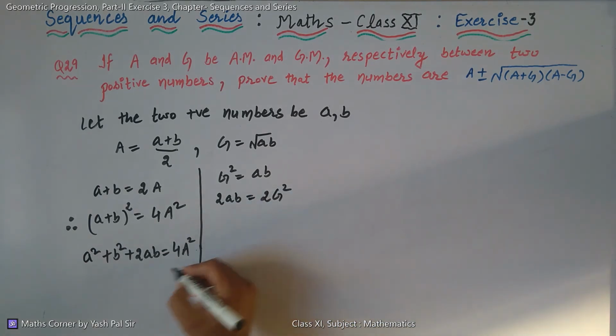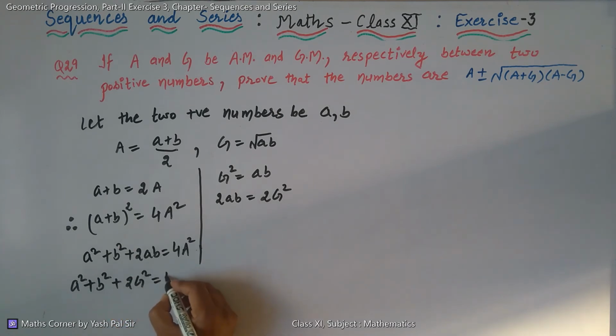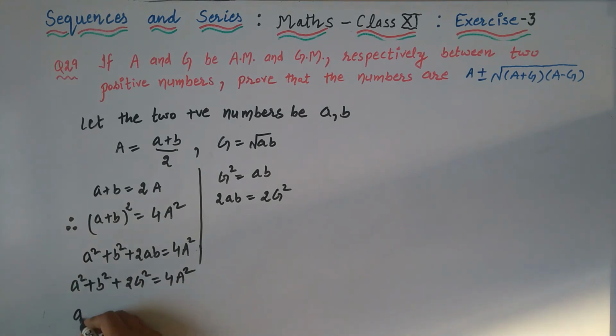So this side becomes a square plus b square plus 2G square equal to 4A square. That means a square plus b square is equal to 4A square minus 2G square.